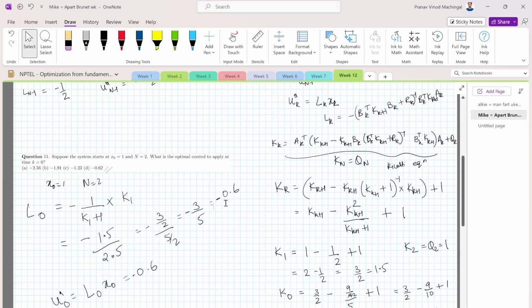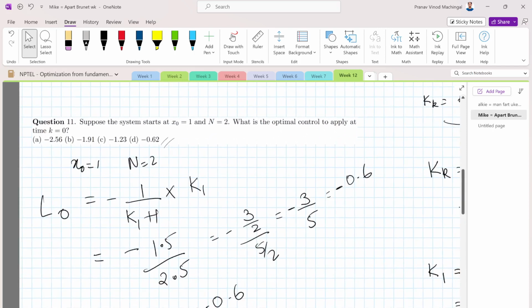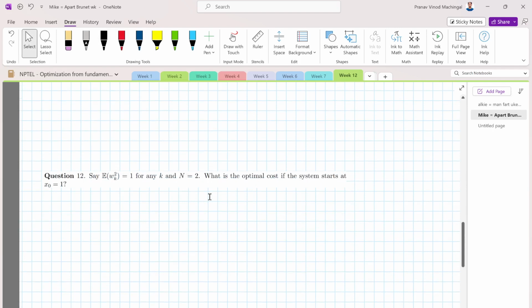It's coming exactly 0.6, right? So this is 0.6. There is no 0.62.